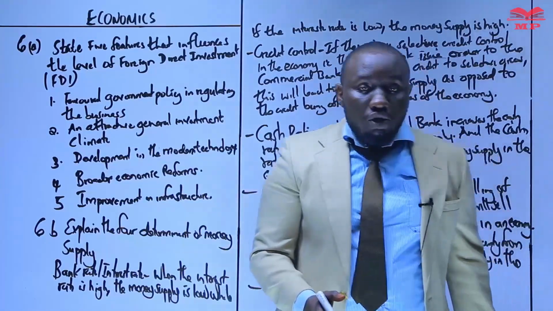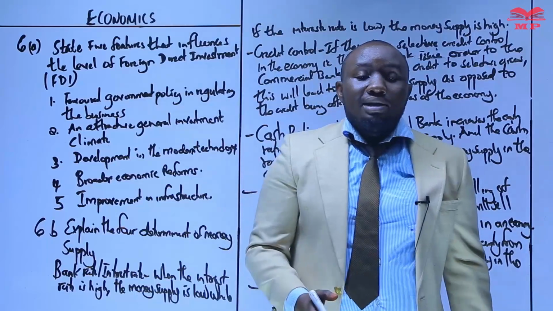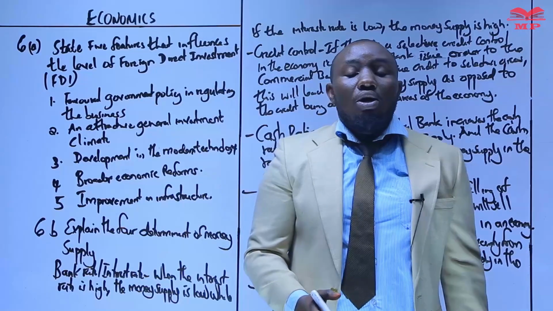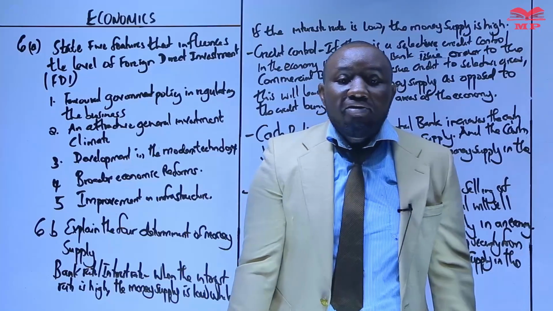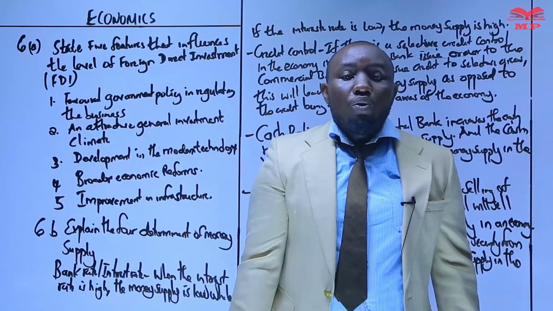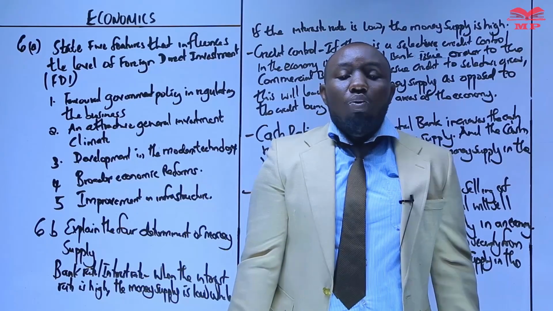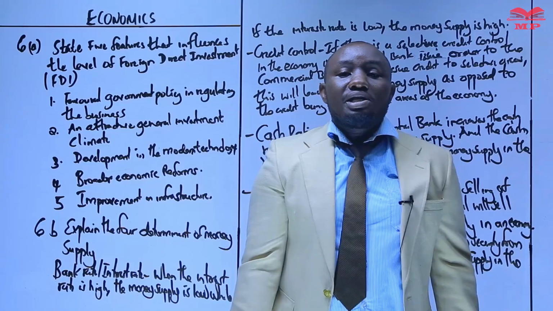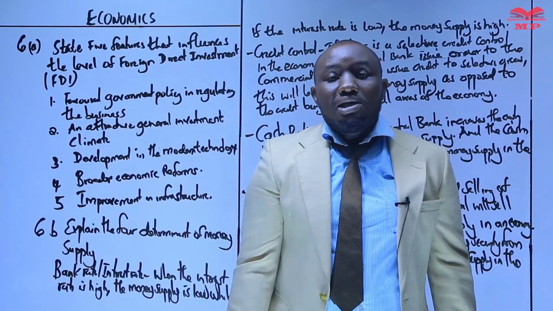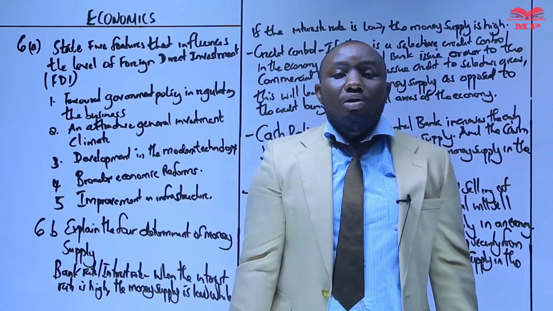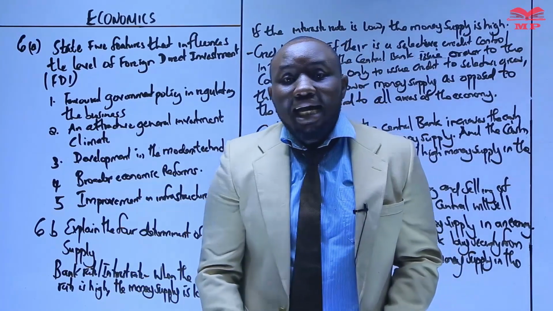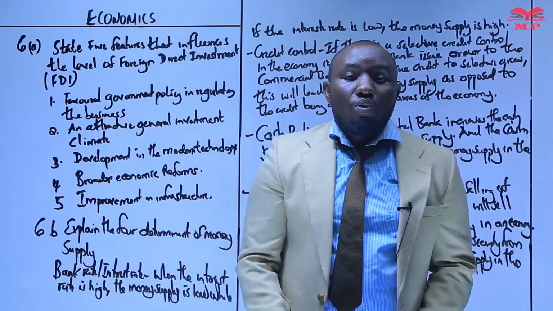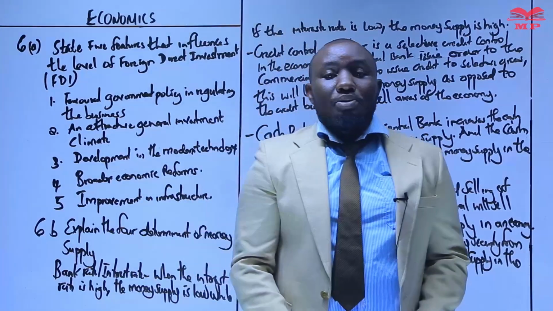So as an additional one, that is reserve requirement. All the commercial banks hold reserves in the central bank. When the central bank increases the reserve deposit or the compulsory deposit, the circulation of money is going to reduce, as opposed to a scenario where they reduce the reserve requirement.